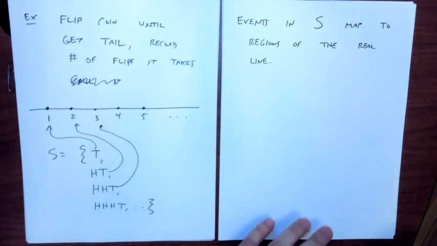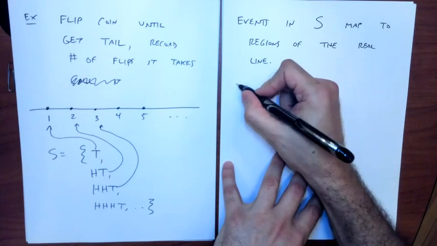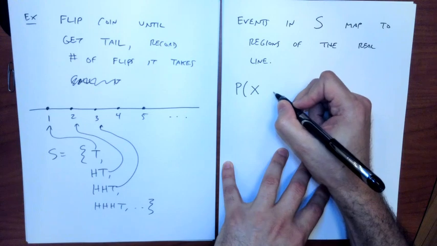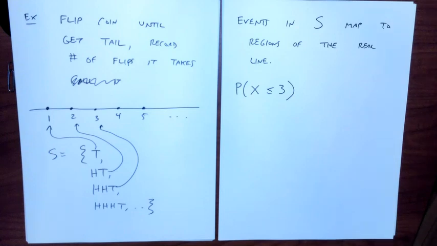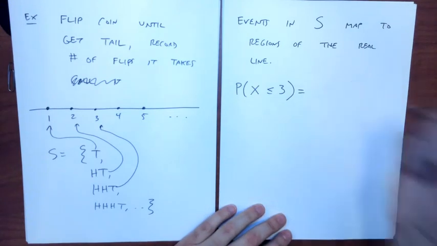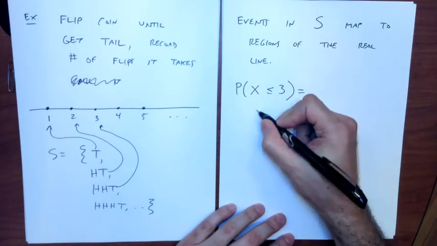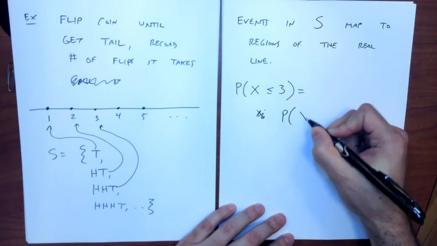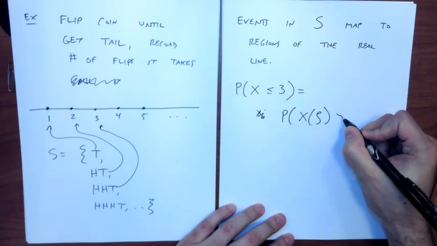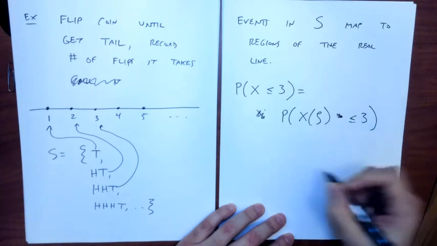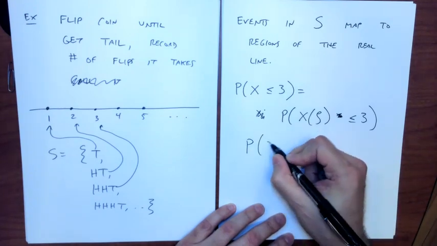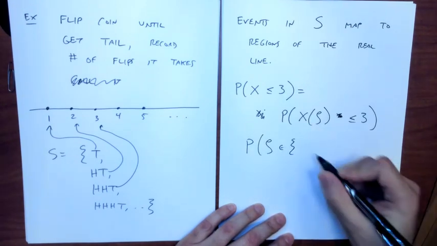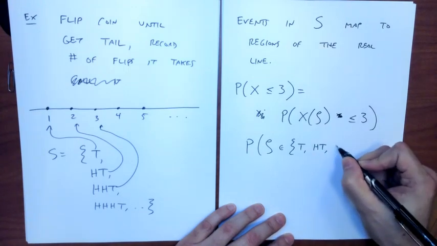So then I could say something like, the probability that x is, say, less than or equal to 3, that's a question about this numerical random variable, right? And if we want to be really pedantic about it, we could say that's the probability that the mapping of this outcome was less than or equal to 3, which is the probability that my outcome was equal to tail or head tail or head head tail.